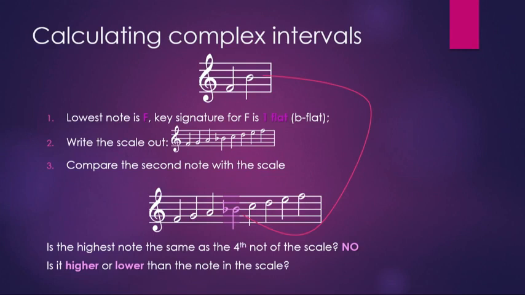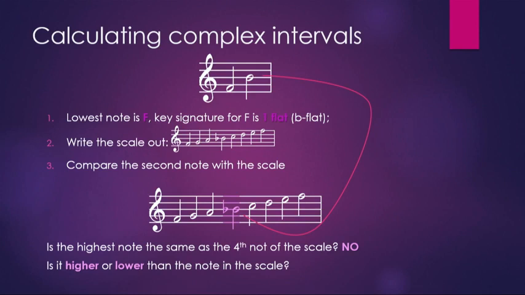Here's the first example again, F and B. The lowest note is F, so we have to look for the key signature of F, which is 1 flat, B flat. We write the scale out and we include the flat of the key signature. So there you'll see I've written out F major and I've put in the flat for B flat. Then we compare the second note of the interval with the same letter name note in the scale.